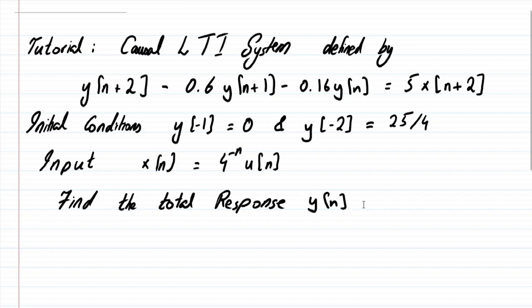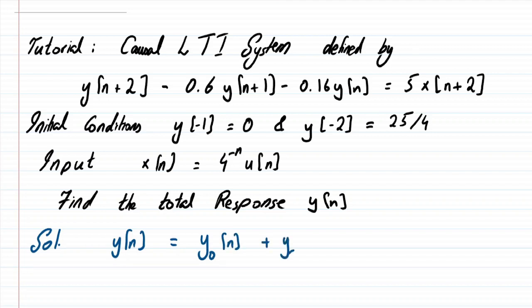So we know that the solution of this problem, the total response y of n, is equivalent to a zero input response, when the input is 0, plus a zero state response, when we set the values of states equal to 0. Addition of these two responses would yield the total response. So let us first move towards finding the zero input response.